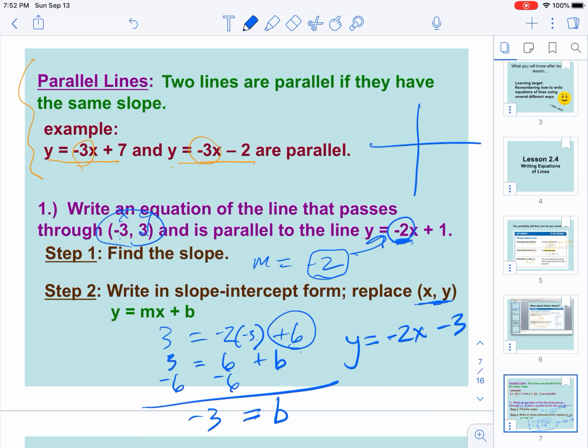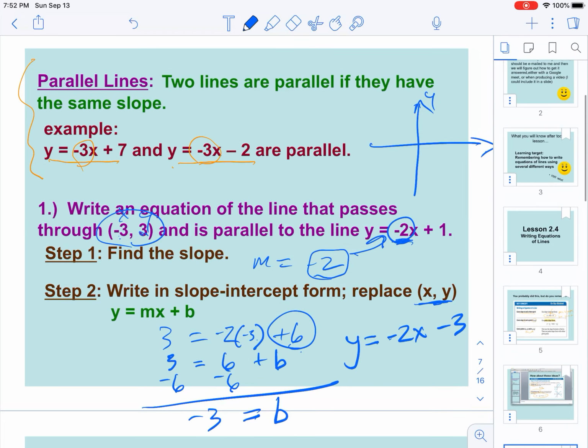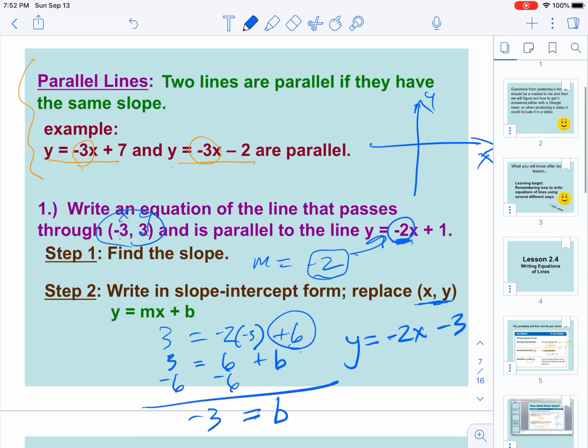So what we'd find if we graph these things quickly, this one right here has a y-intercept of 1, and the slope is -2 over 1. So I go down 2 and over 1. I draw the line.